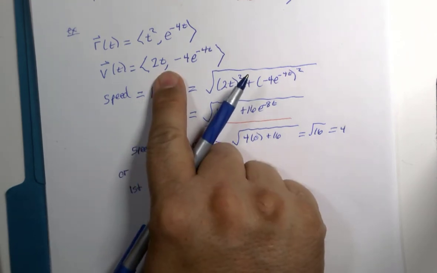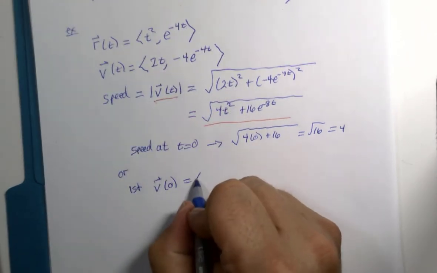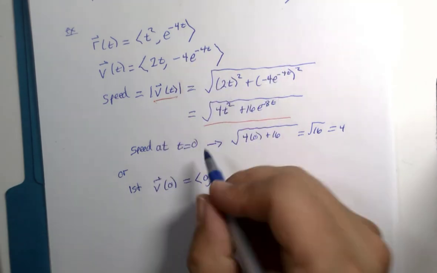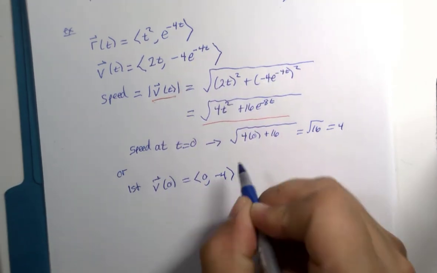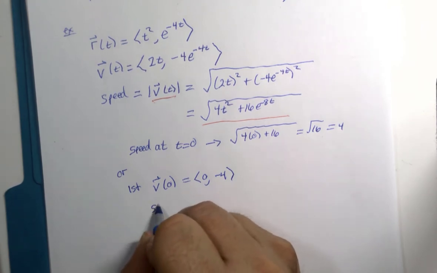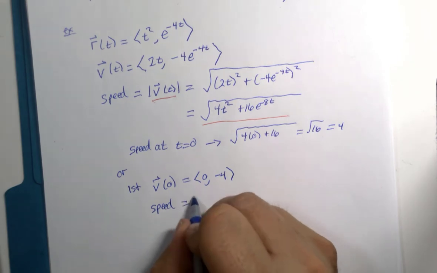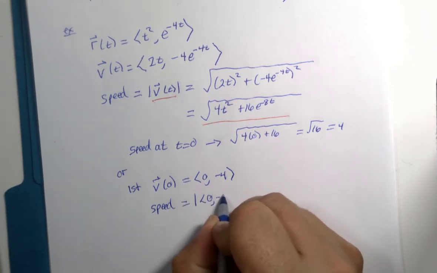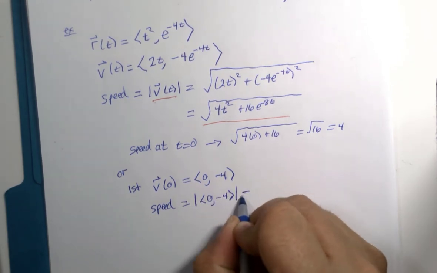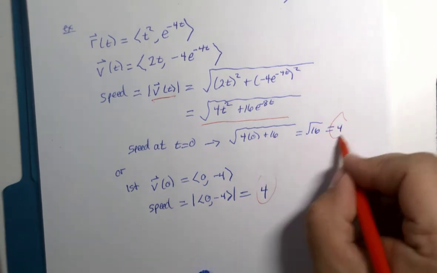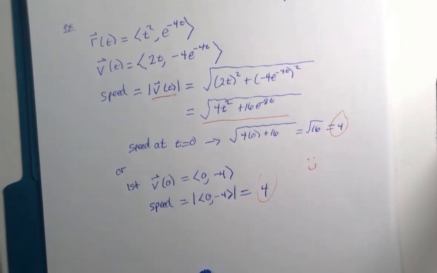Go back to here. 2 times 0 is 0. E to the 0 is 1. 1 times negative 4 is negative 4. And then calculate your speed as the magnitude of that vector, and it's a lot quicker to find the magnitude of a vector that you already know is 4 units long. But it didn't matter which way we approach the problem, we get the same result.